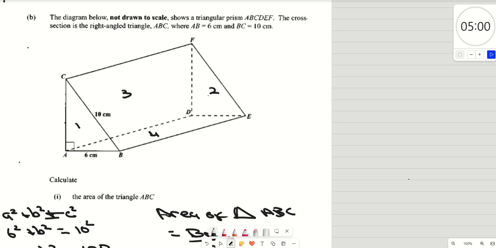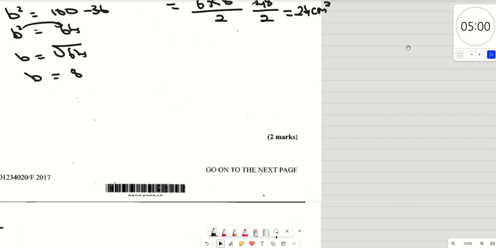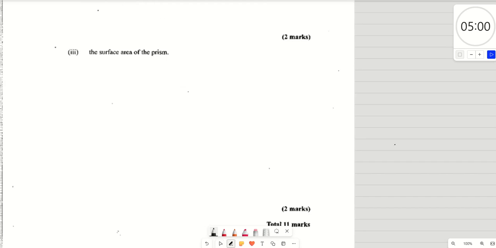Then one at the bottom here is 4, and then this side here, C, B, F, E, or whatever you want to call it, is 5. We already know the area of 1 and 2 because we found that earlier, that's 24. So the area of 1 is equal to 24 centimeters squared. Of 2, because they are the same, is also 24 centimeters squared.